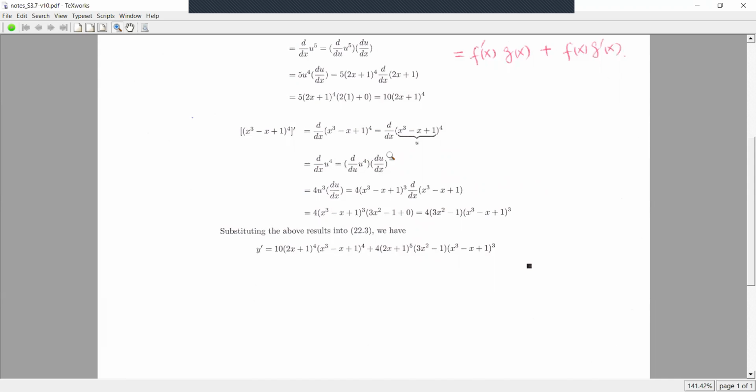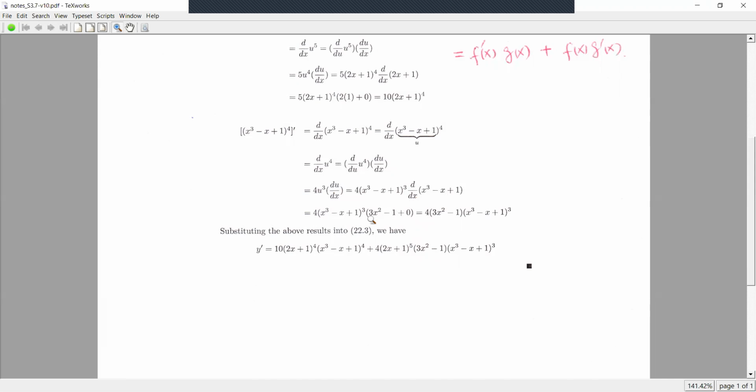times this derivative. The first derivative is the derivative of u to the fourth with respect to u. It is 4 times u to the third. Now, plug in this polynomial in the u here, then we have this equation. Then compute this derivative. The result is this.